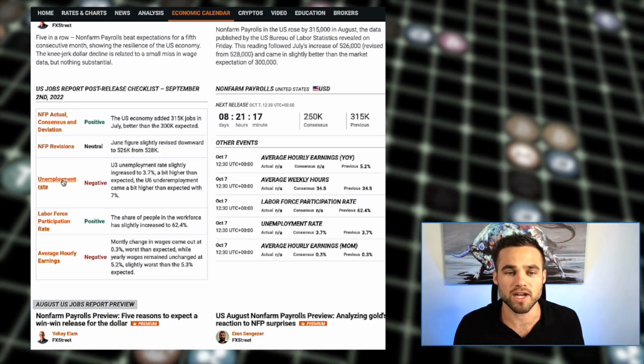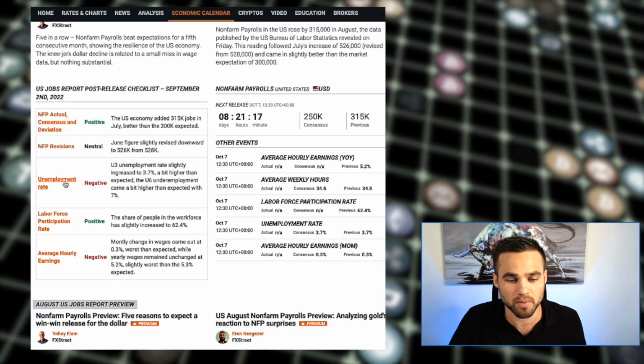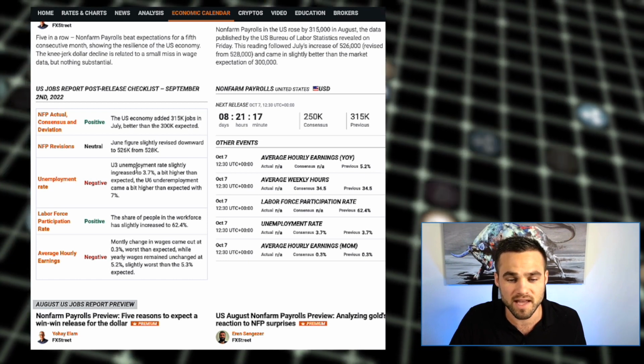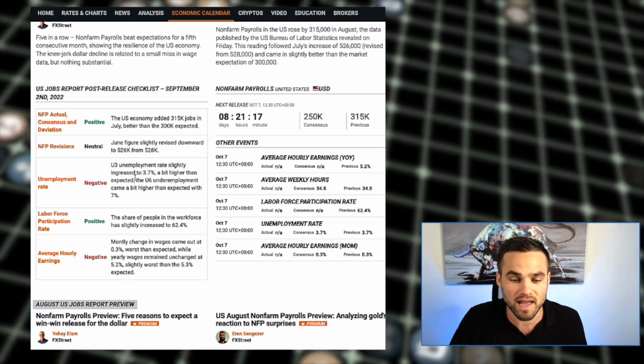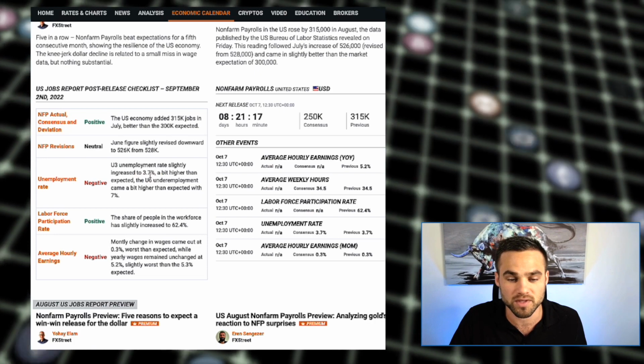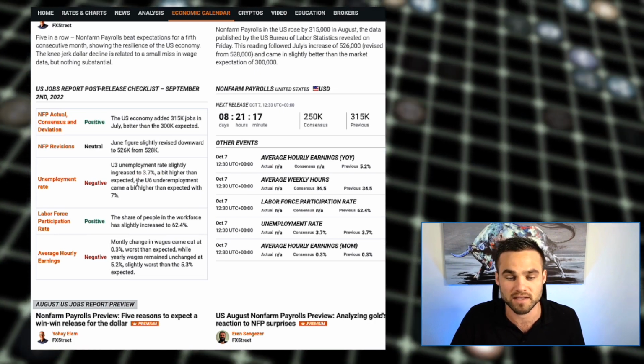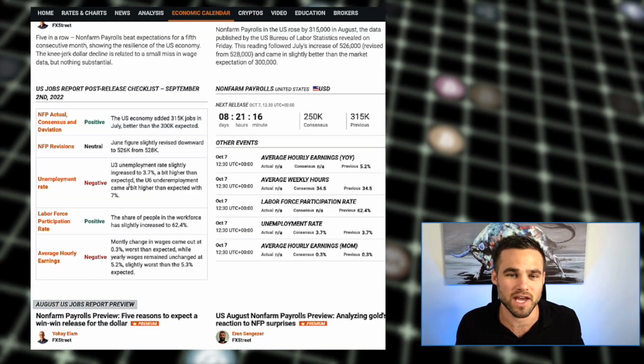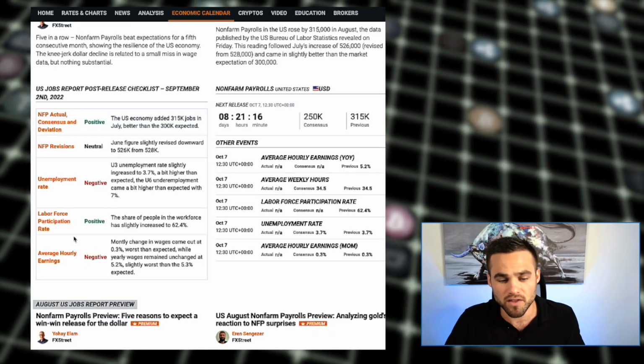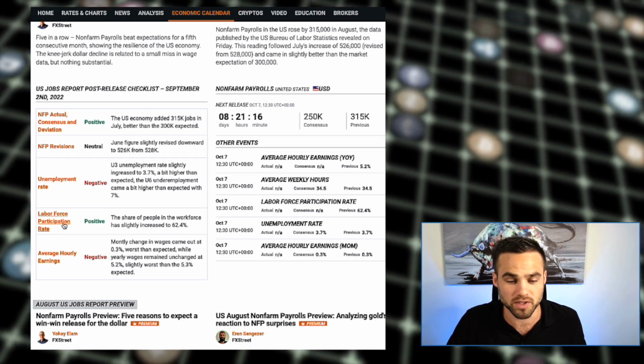The other important metric that comes out here is the unemployment rate. Okay, so it says that the unemployment rate slightly increased to 3.7%, which is a bit higher than expected. So this is a negative metric, right? The unemployment rate was supposed to be something, and it came out a little bit higher than expected. So this is a negative deviation from what was expected. The other thing that you can see is the labor force participation rate.